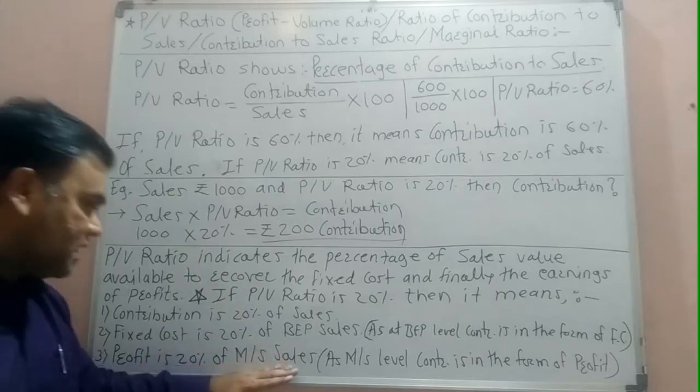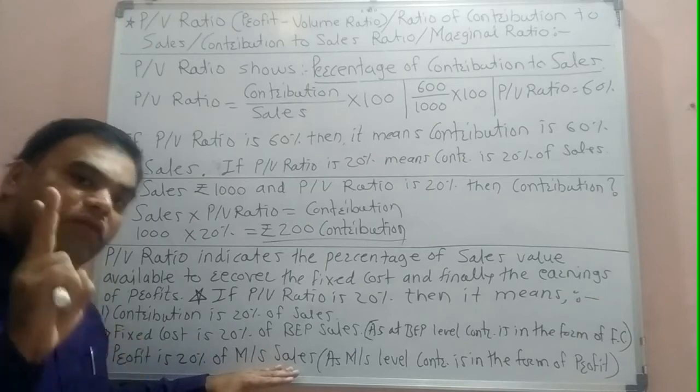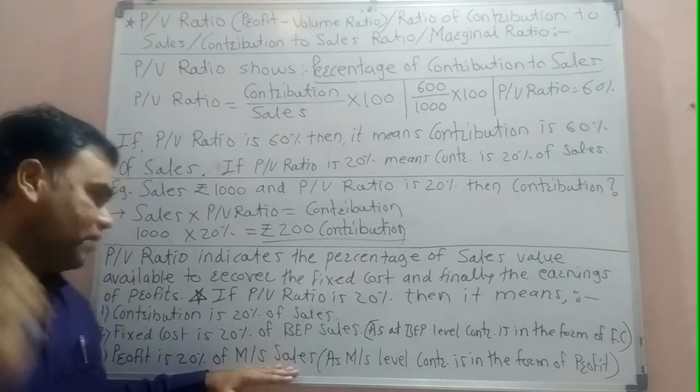At margin of safety sales level, the amount of contribution and amount of profit is always equal, as we have discussed in the previous lecture.